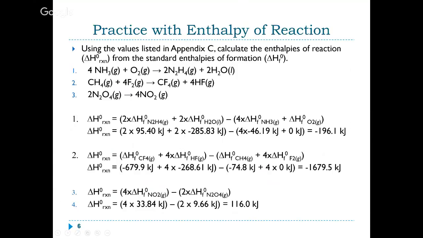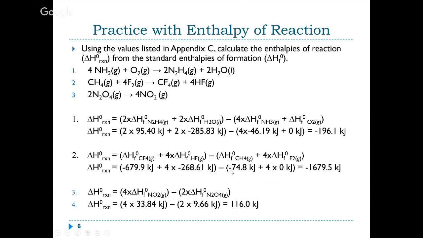Well, we know that this is going to be 0 because this is its elemental form. So we do the math, 2 times the value plus 2 times the value, and then we subtract out 4 times this value, and it gives us negative 196.1 kilojoules. So this reaction is exothermic. It is a combustion reaction. We expect combustion reactions to be exothermic.